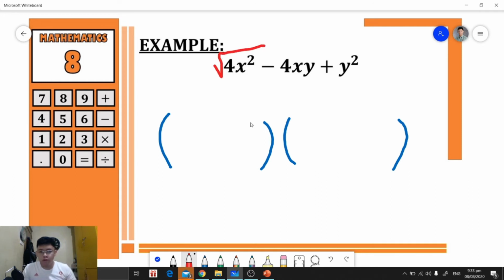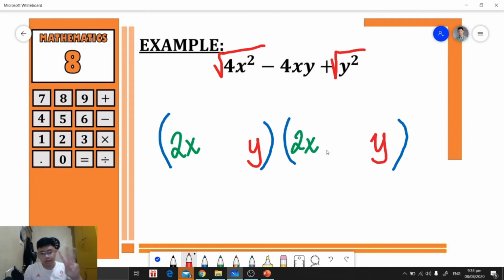The square root of 4x squared will be 2x. So we will copy 2x to both groups. Next, we are going to get the square root of the last term, which is going to be y.